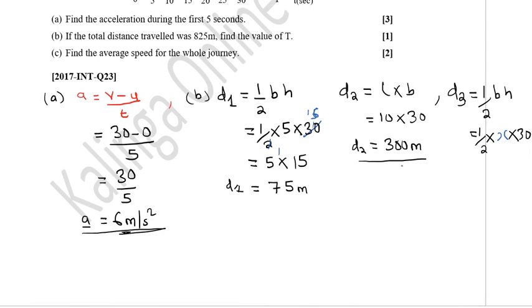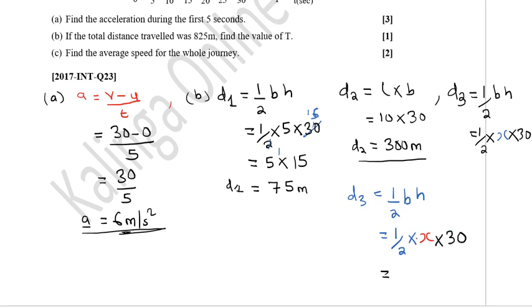So for D3, let me write D3 here. We have half BH, and to find D3, we are going to multiply. So we are putting x in to represent the base, and then the height is 30. Is that okay?